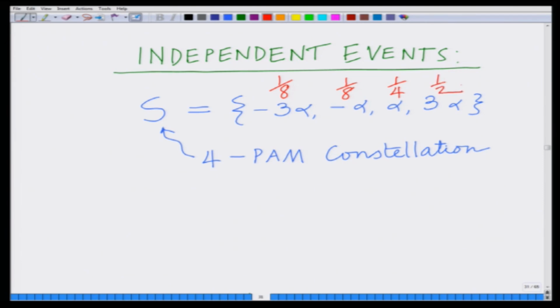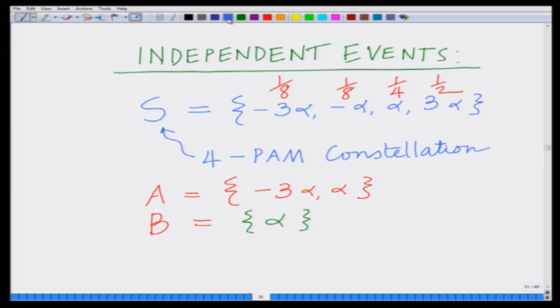We had also looked at two events. The first event is A, that the symbol is either minus 3 alpha or alpha, and B, that the symbol is alpha. We had rigorously proved that this event A, where the symbol is either minus 3 alpha or alpha, and this event B, where the symbol is alpha, are not independent.